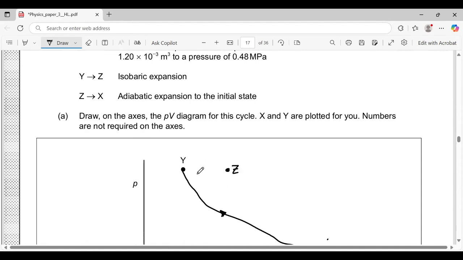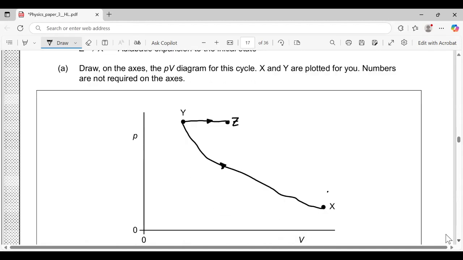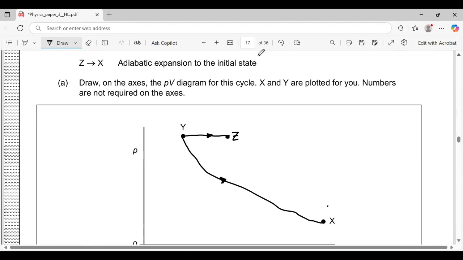Isobaric expansion means a horizontal line, Y to Z. And then Z to X, according to this information, adiabatic expansion to the initial state. It returns to X. So it means a steeper curve downward.